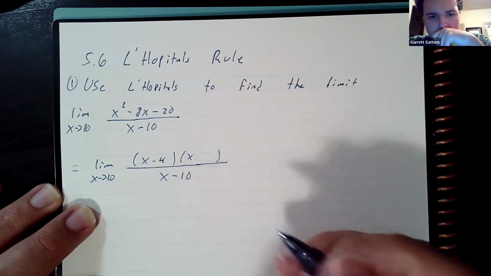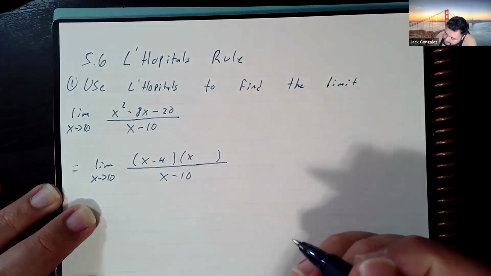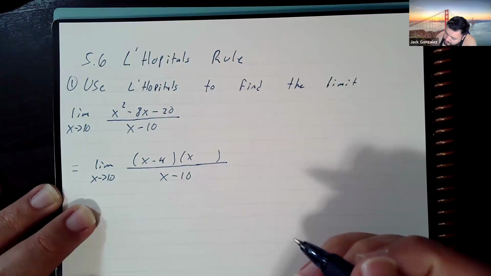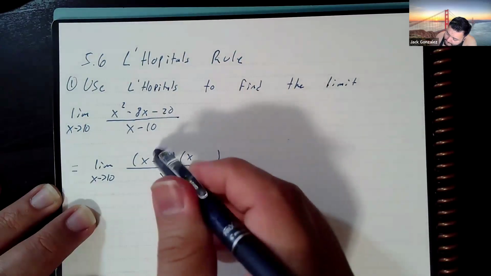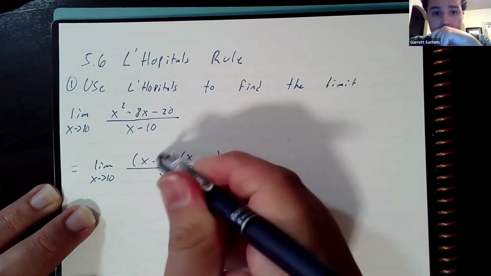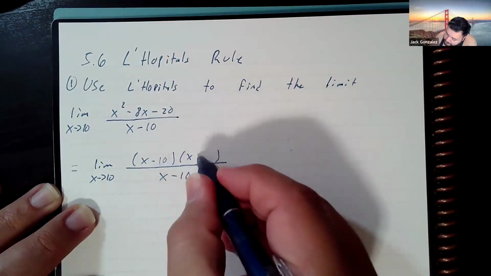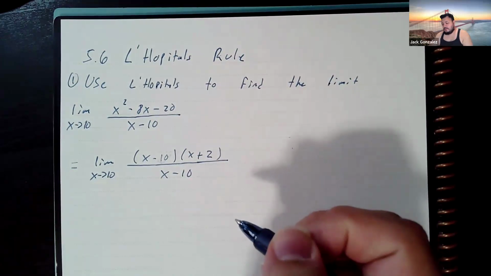Wait. No. Yeah, I just caught myself. I think 2 and 10, no? Yeah, that'd be better. Just realized. Let's do that. Okay.